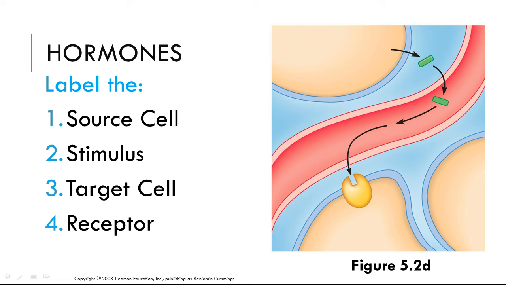So they're right adjacent, kind of jokingly called neighbors. However, the target and the source of the hormone may be really far away. So think about the pituitary gland. You've heard of that. Releasing its hormones into the blood may target the ovaries or the testes, right? So quite a far way away from the original source.